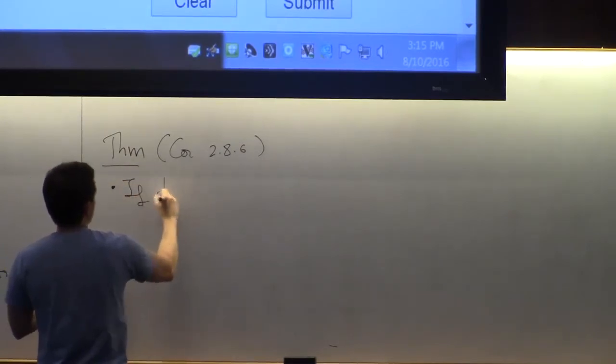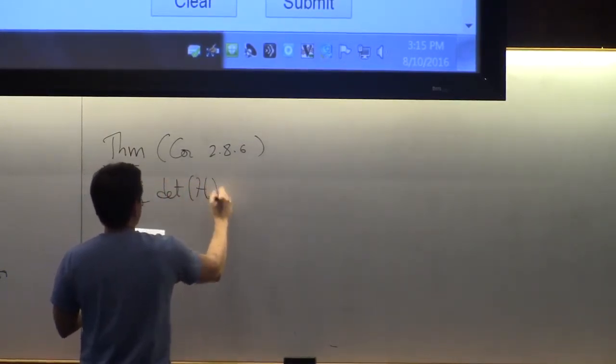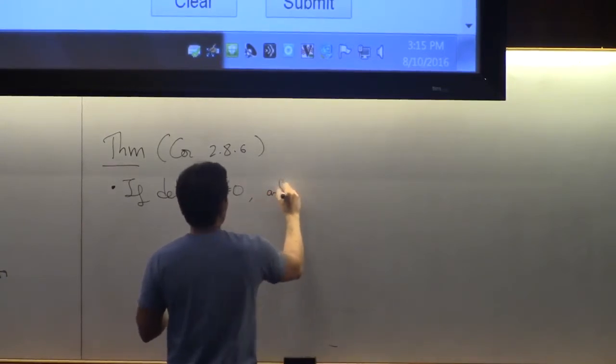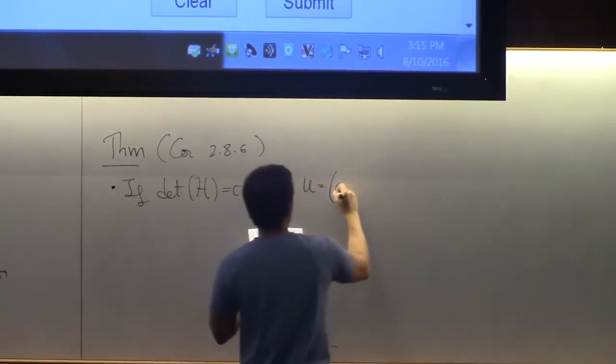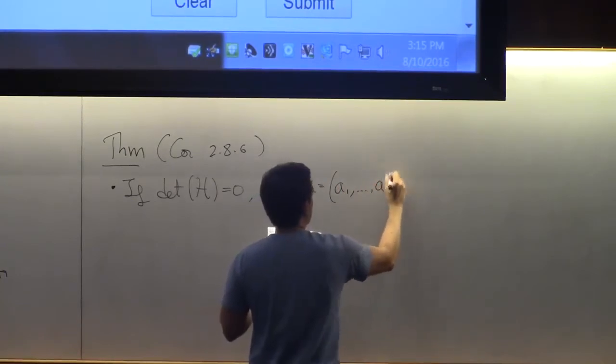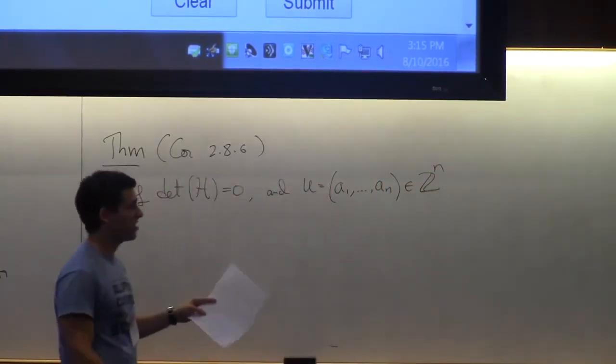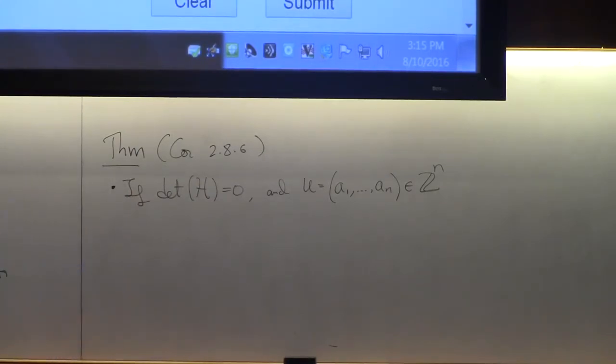So if the determinant of H is 0, and you have a vector A1 through AN of integers, these matrices are real, okay? There are real numbers in that matrix.